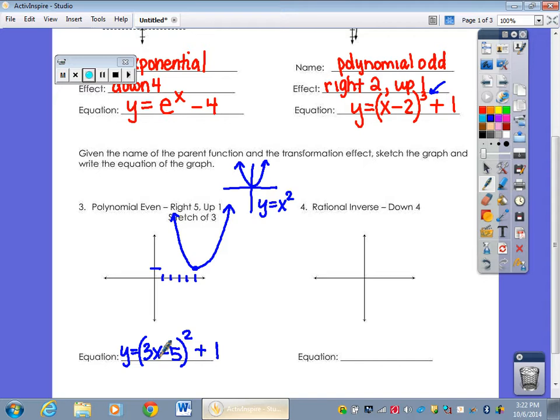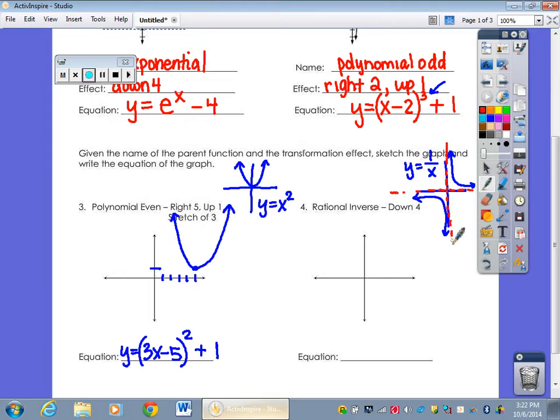Number 4, rational inverse. So rational inverse is going to look like this, opposites. And its equation is going to be y equals 1 over x. So we want to take that same equation and we want to move down 4. So notice that the asymptotes that we don't see are at zeros.